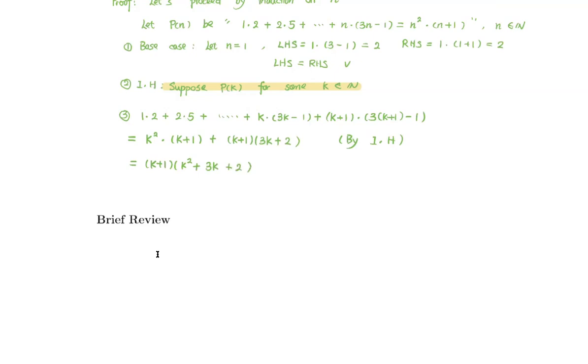That factors as k plus 1, k plus 2. So that's k plus 1 squared times k plus 2.